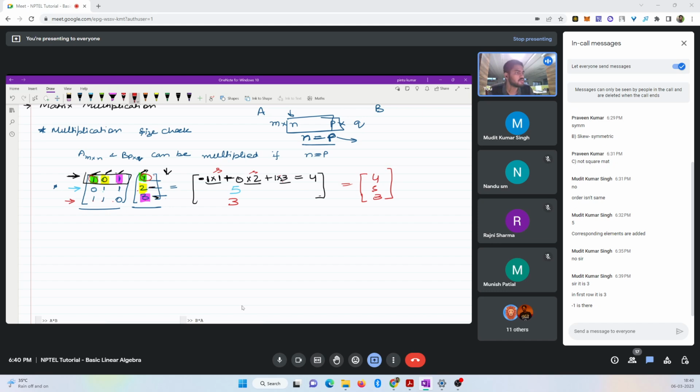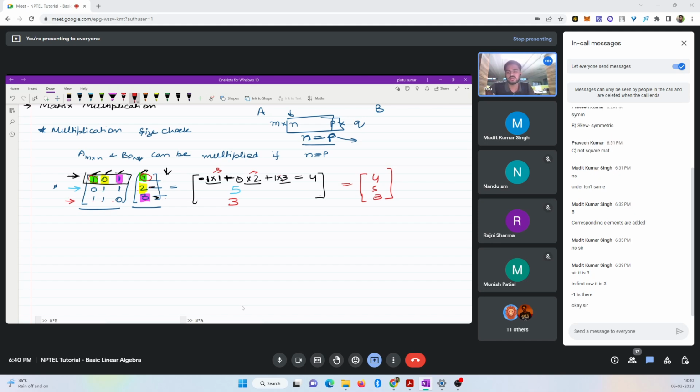No, it's not -1. If it is looking like -1, I'm sorry for that. It is just 1. Nothing negative is over here. I denoted this arrow by this color, but this is not minus. Sorry.